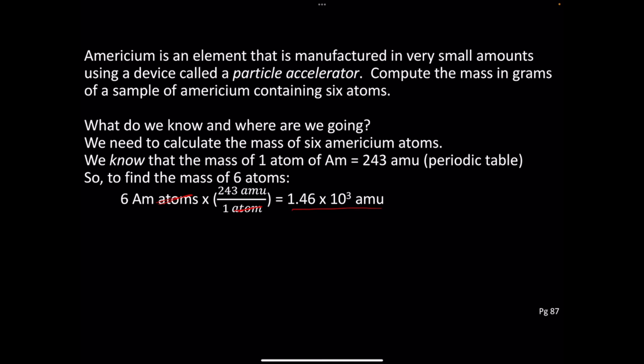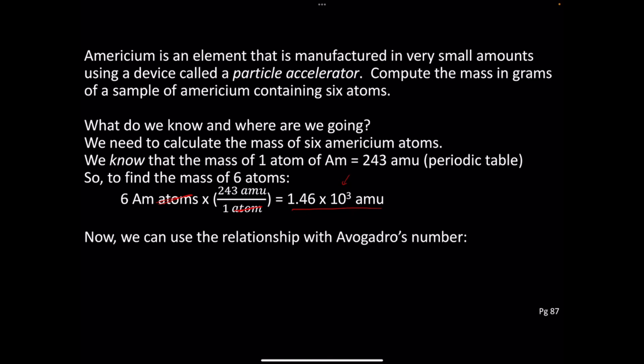Now this number is relatively small because I'm dealing with atomic mass units. This is only the mass of 6 atoms, right? I would never functionally use that in a laboratory because that number is too small. I wouldn't even be able to see them with a microscope at that point.